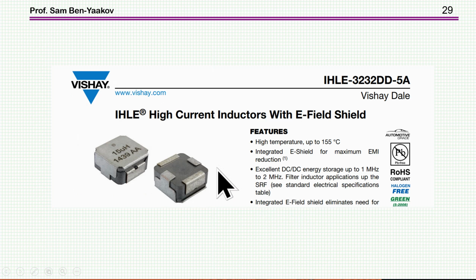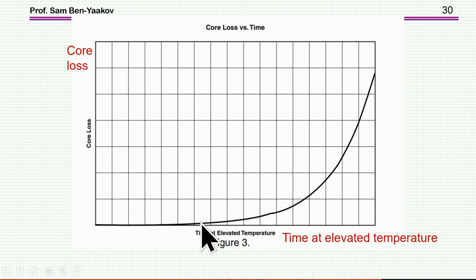There is another example which is less known, and this is the effect of aging. This is an effect that you will not see immediately, but you may see it eventually after the system operates for some time. And the V-shape is giving us some information which is not found in many data sheets. And here it is. This is the core losses as a function of time at elevated temperature.